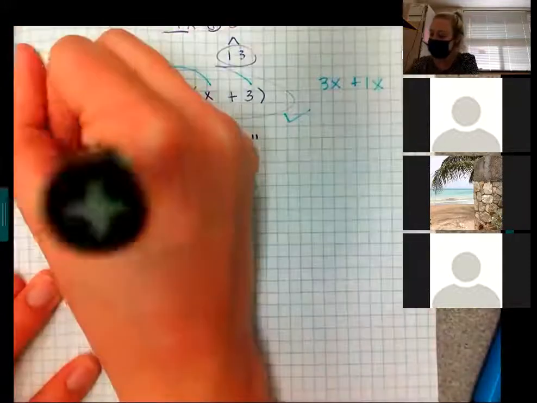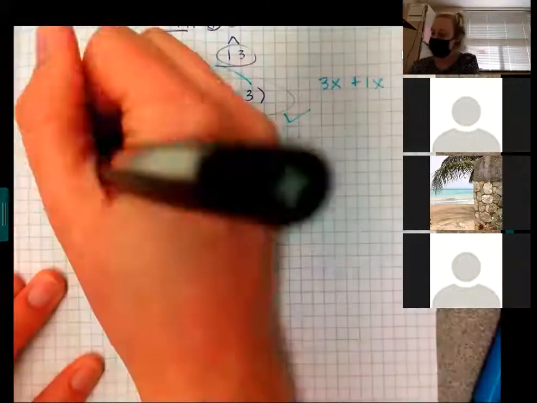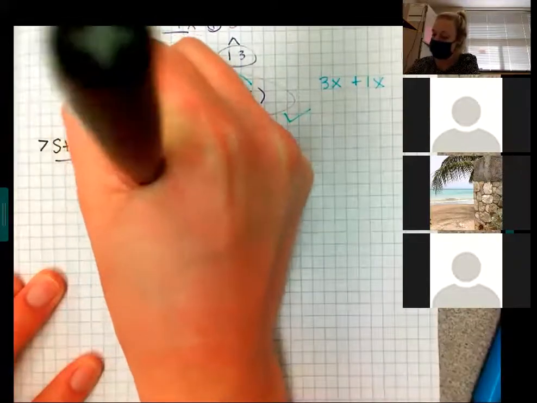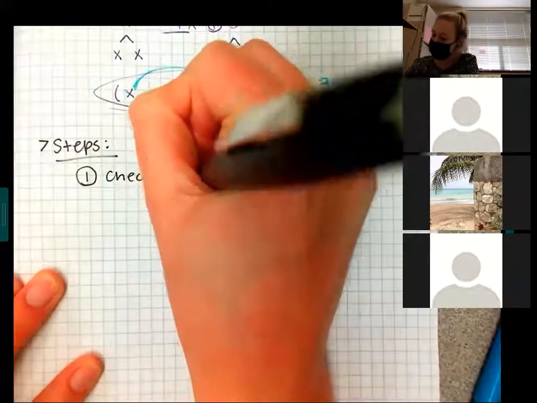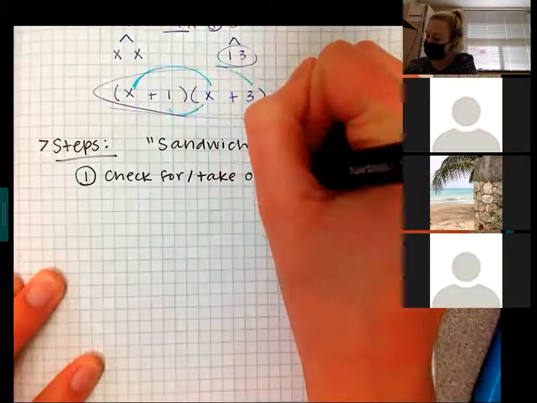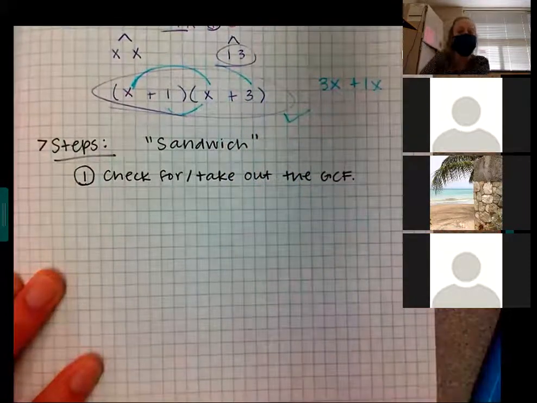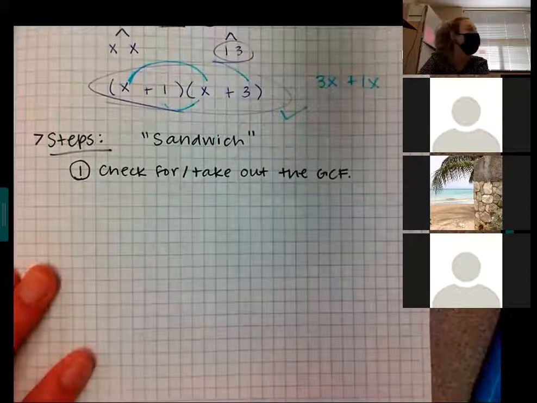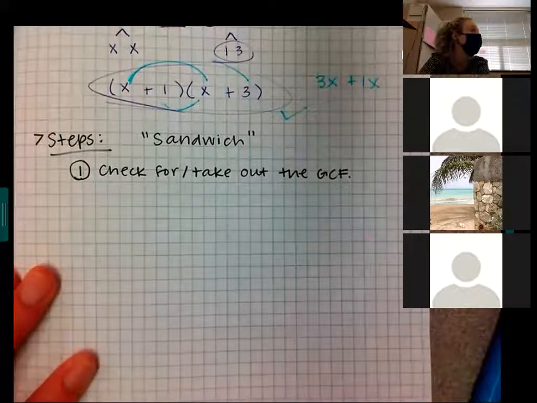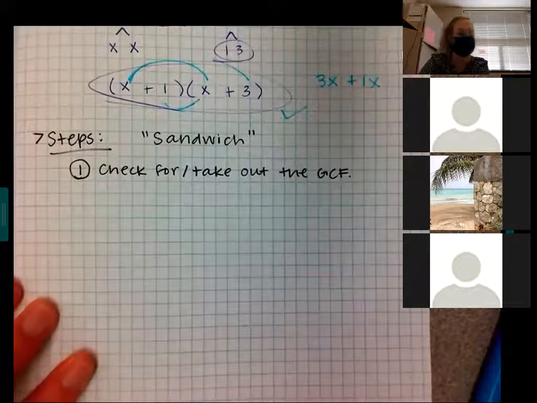Okay, what are we always going to check for first? Yes, good. So first step is to check for and take out a GCF if there is one. If you do not take the GCF out at the beginning, you are not going to get the correct factors. I need y'all to remember that because this is where y'all will start messing up.